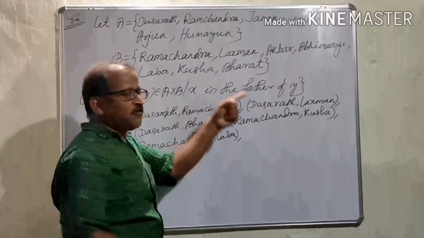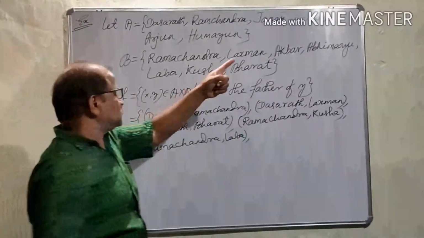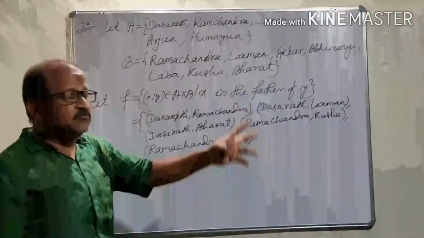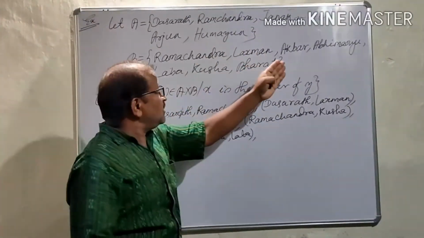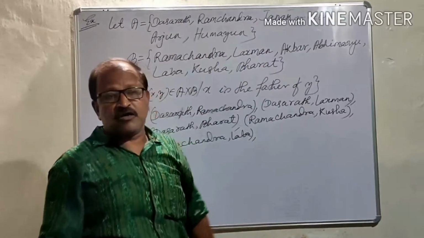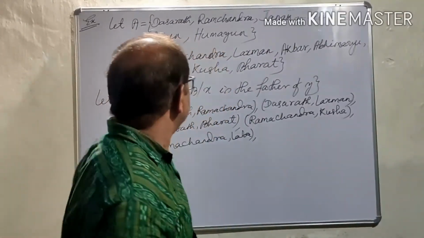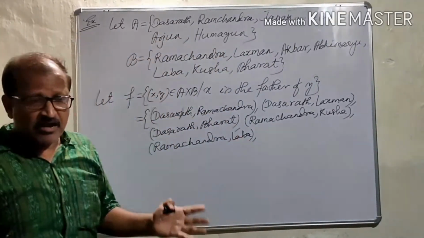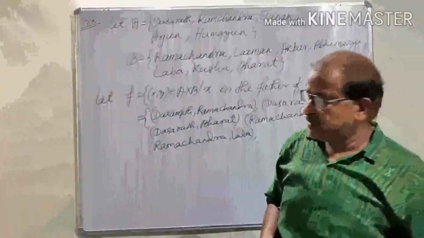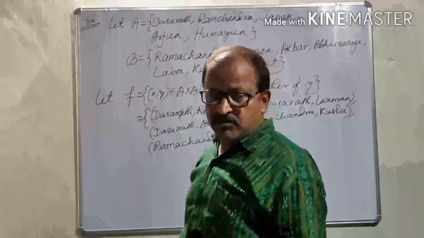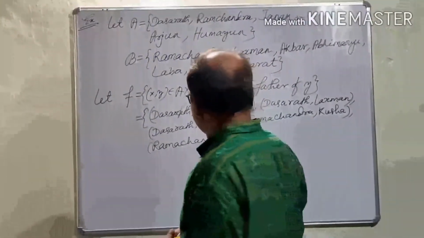She is the mother of Lava and Kusa, not the father. So Sita is also not related to any element of B. You take arbitrary sets, arbitrary relations, and test whether they are many-one, one-many or one-one.